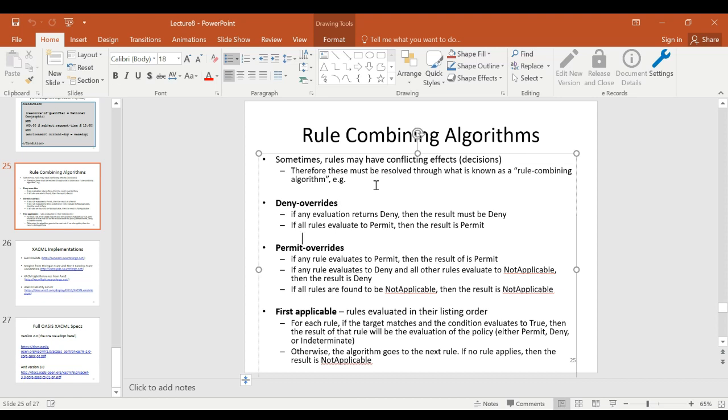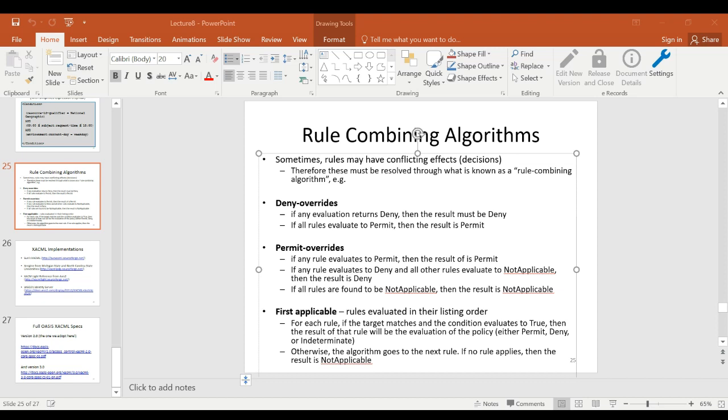So that's easy. The opposite of that is a permit override, and the idea of permit override is simply that if you have one single rule saying permit and all the other rules were saying deny, then you will select the outcome of that rule, that is to permit the request.